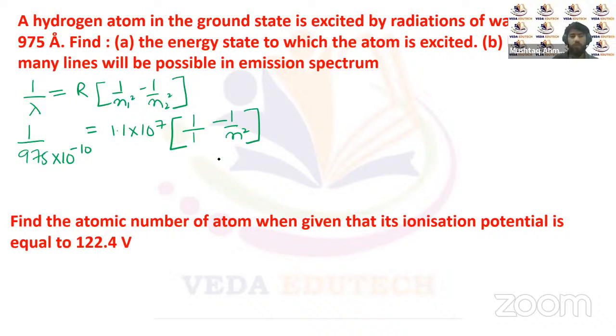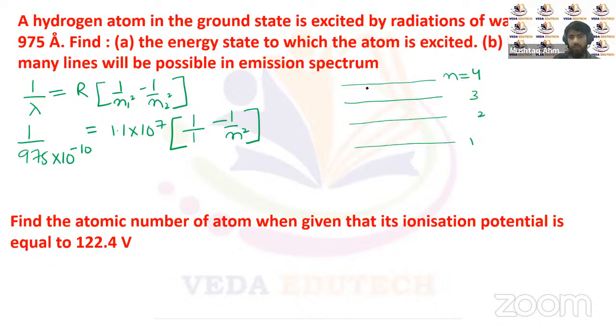Once the electron jumps, let's suppose it jumps to n equal to 3 or n equal to 4. Let's suppose the electron jumps to n equal to 4. This is 1, this is 2, this is 3, this is n equal to 4. Now the electron can emit different types of spectral lines.